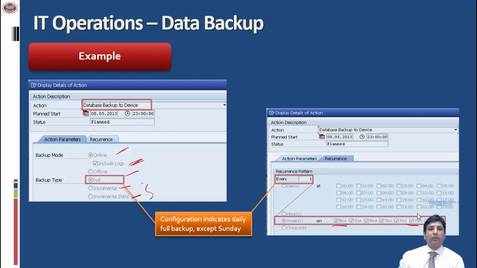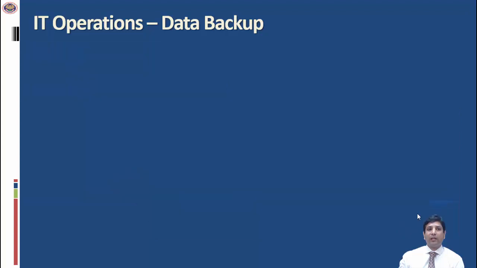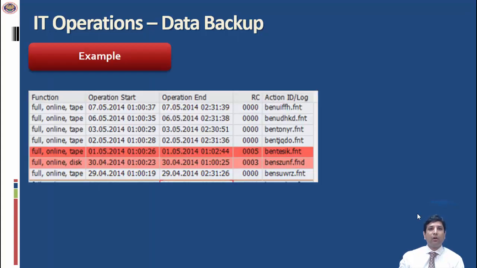Having configured the backup, it is also important that the backup configuration and the backup operation need to be looked at on a daily basis. Here is an example of a log where the backup status is mentioned. So here we can see that for each day, the start time and the end time has been recorded.